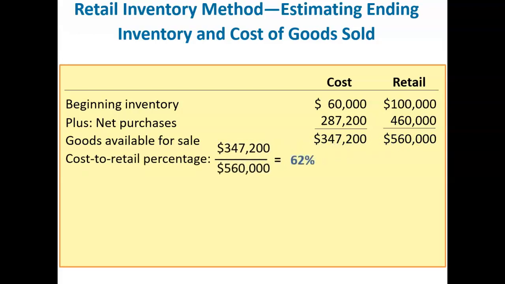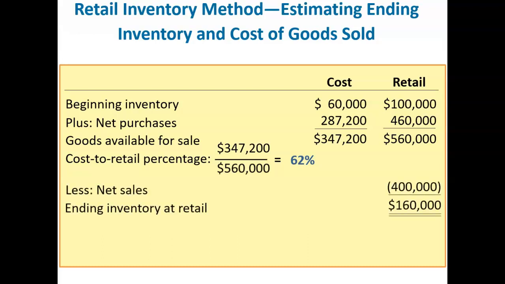The company then calculates the cost to retail percentage by dividing goods available for sale at cost by goods available for sale at current selling prices. In this example, the cost to retail percentage is 62%. The next step is to calculate ending inventory at retail prices.